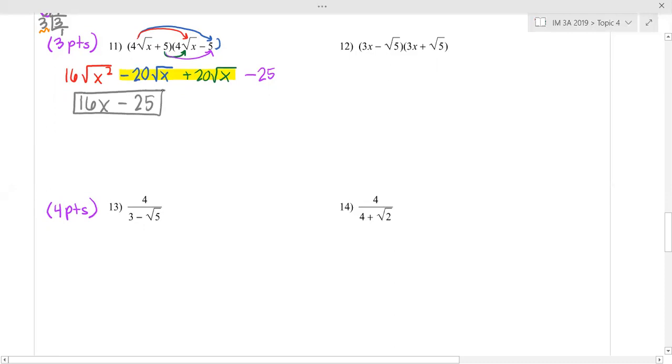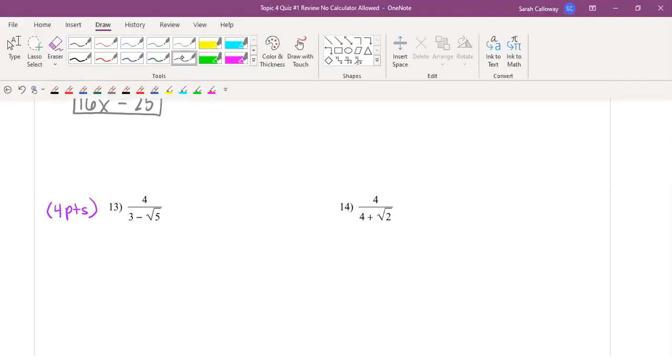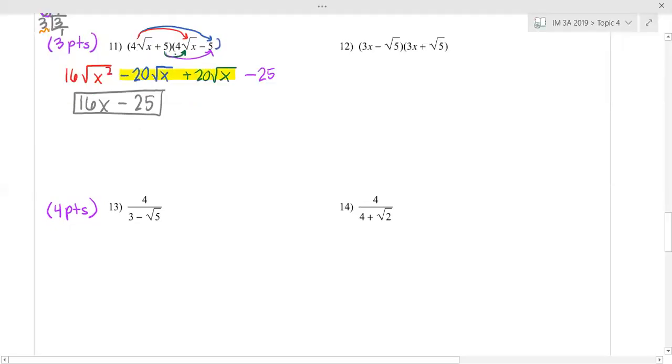So what we could have noticed is that these 2 expressions were actually conjugates. So remember that conjugates are in the form a plus b times a minus b, and they result in something that creates a difference of 2 squares if they get multiplied out.